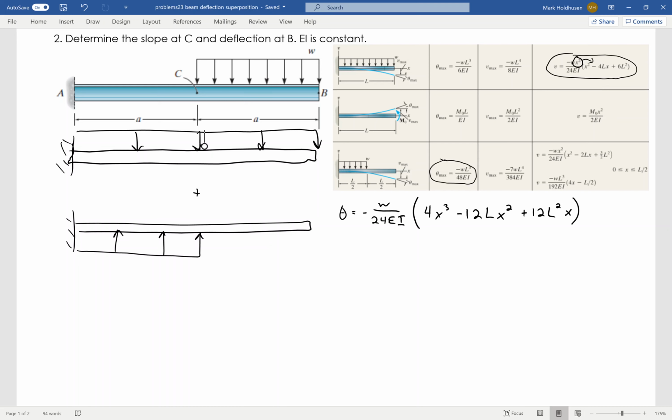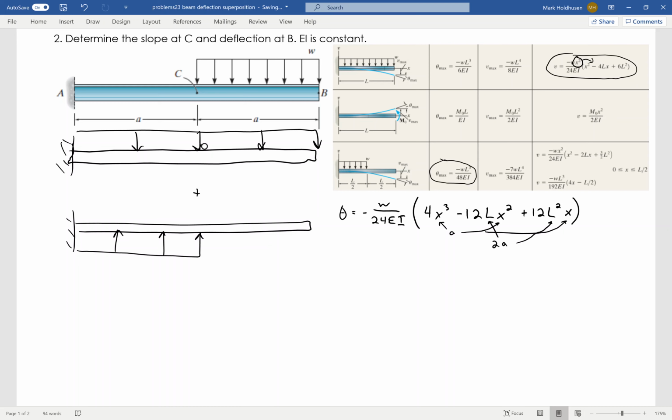Now, what I'm going to do here is, every place I see x, I'm going to plug in a. So this becomes a, that becomes a, and this becomes a. Everywhere I see L, I'm going to use 2a, right? So that becomes 2a, that becomes 2a.